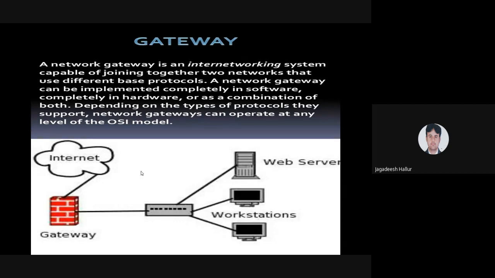If you want to communicate from TCS to Capgemini, access is required. Permission is required from the main head, and only then can you share your network ID with the person from the other network who wants to communicate with your company. This is what happens in the gateway.